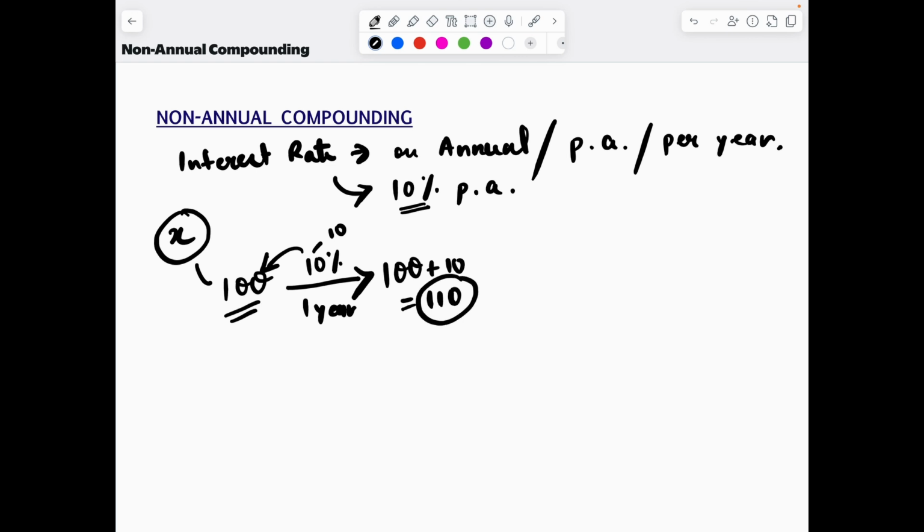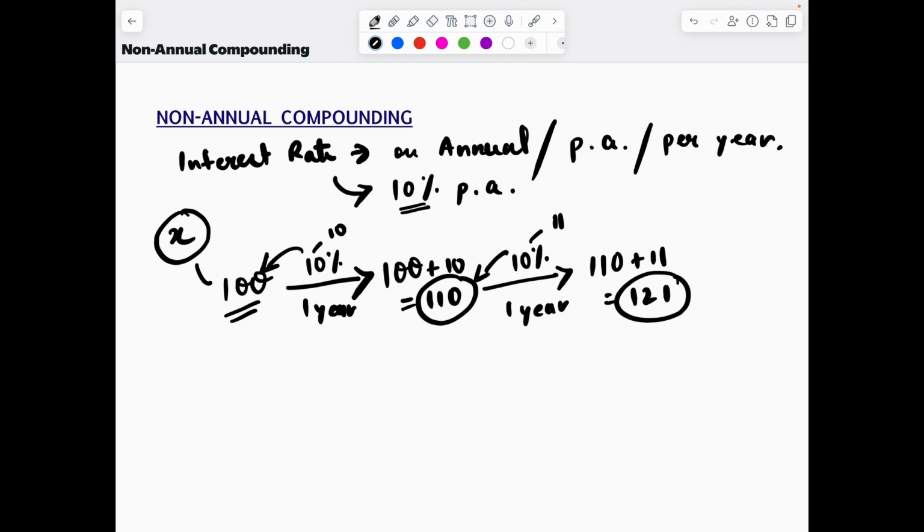If you take it further for 1 more year, then the bank is again going to charge this 10% interest after 1 year. So you have to repay how much? 110 plus 10% of 110, which is 11. So 121.